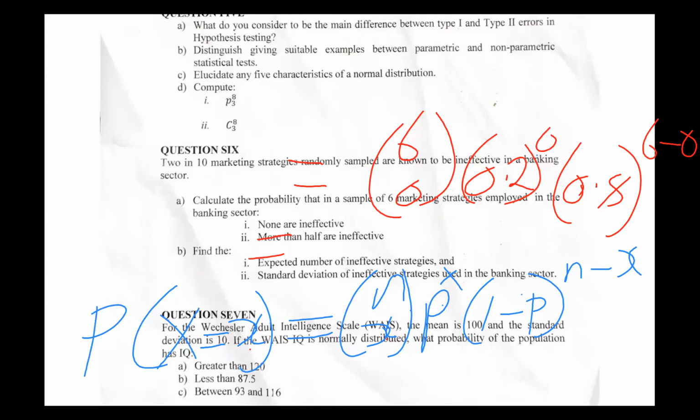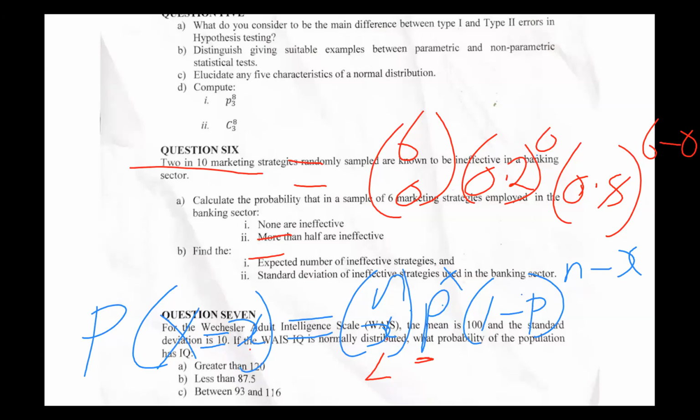Then the small x is the number of successes, whereas this p is the probability of success in a single independent trial. Like every time you try, what is the probability that you get an ineffective marketing strategy? In the question we are given that every time you try, the probability is 0.2, which is 2 over 10. You get it?